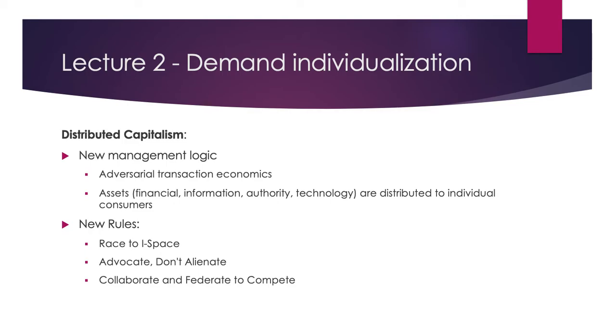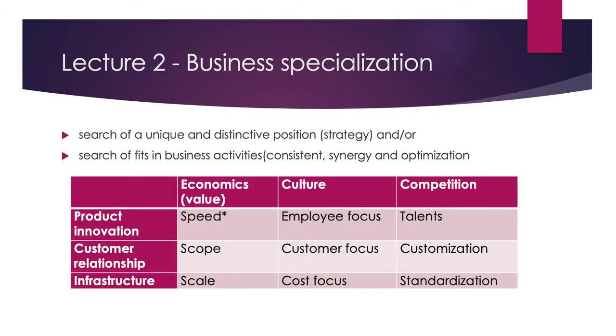The third one is collaborate and federate to compete. Develop trust and transparency to work together and provide deep support. These are some of the rules that we could consider.